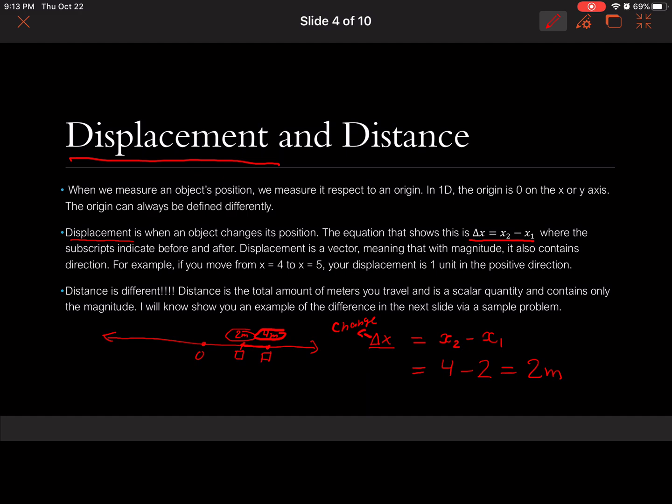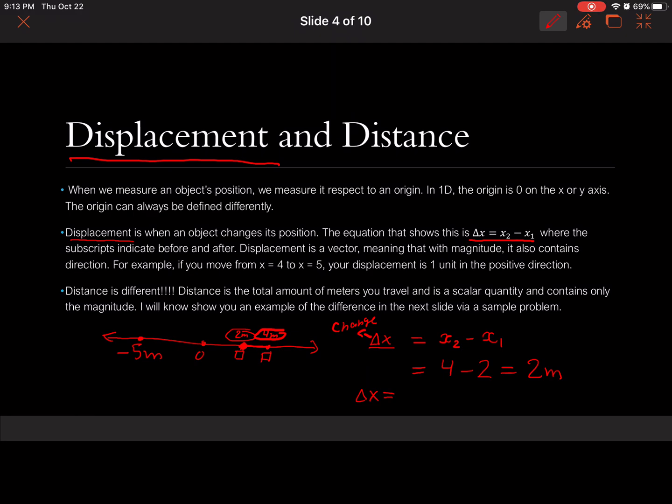Let's say I decided to move it from 2 meters to, I don't know, negative 5 meters to the left. Then the displacement would be, I'm starting off here. Wait, no, sorry, I'm starting off at 2 meters.